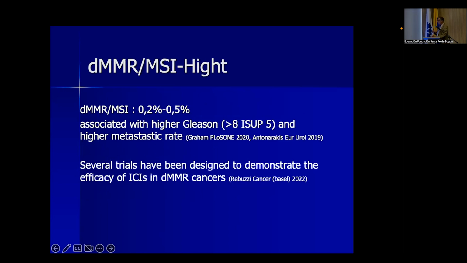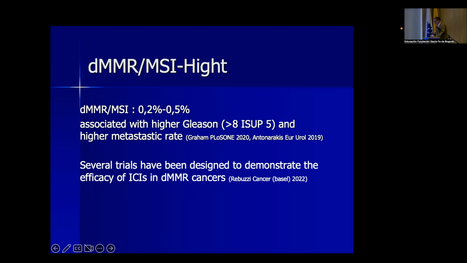The last point is the deletion in genes involved in MMR and MSI. I can't find the name in English, sorry. Microsatellite instability, thank you.